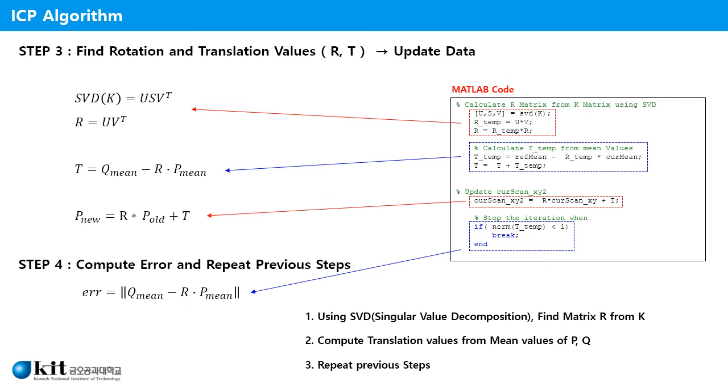As a result, we can get the rotation matrix R like this. And then from the mean values of each P and Q, we can find how far apart P and Q are. It is T, like this.